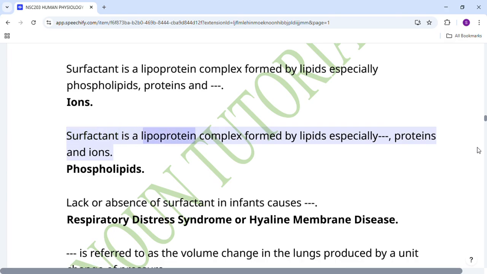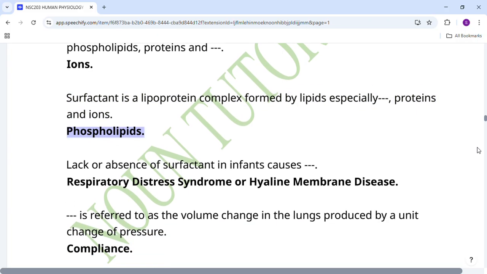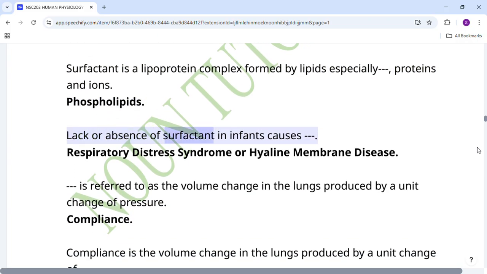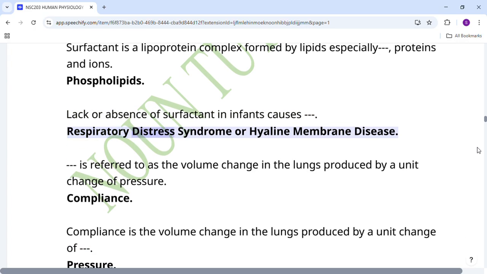Lack or absence of surfactant in infants causes respiratory distress syndrome or hyaline membrane disease.